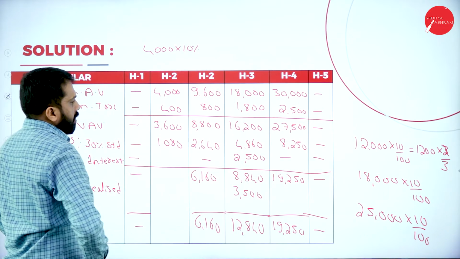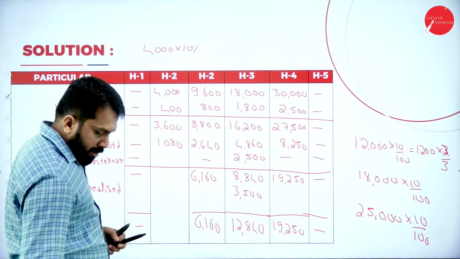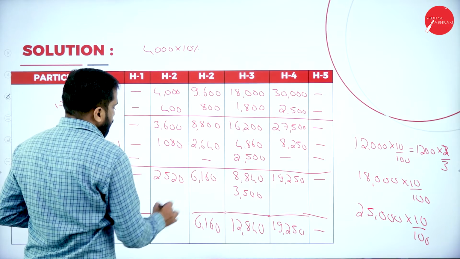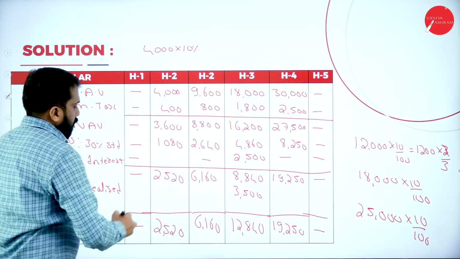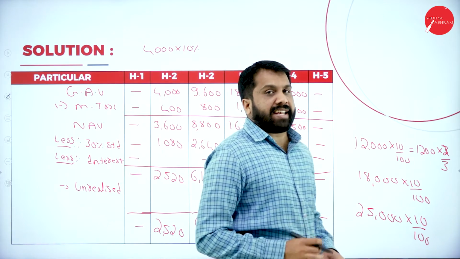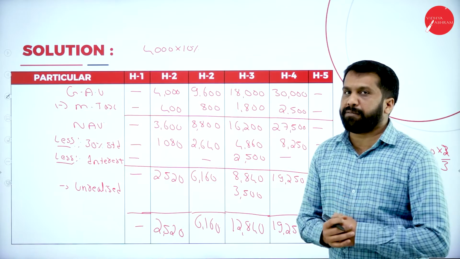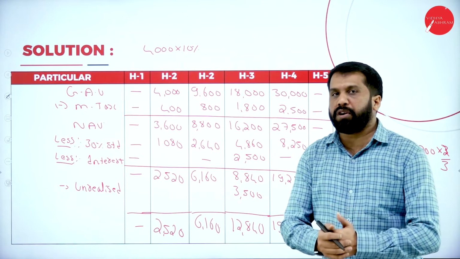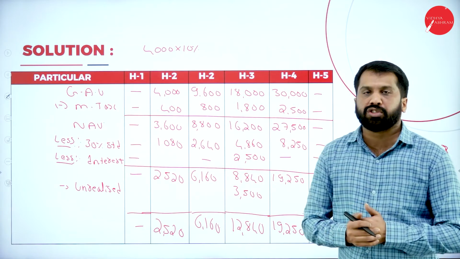Interest portion: is there any interest? No, there is no interest. So 2,520 is your answer. Hope you understood. If we take that house as deemed let out or deemed self-occupied, then we are supposed to do all this calculation. Hope you are clear. This is all about your today's calculation.